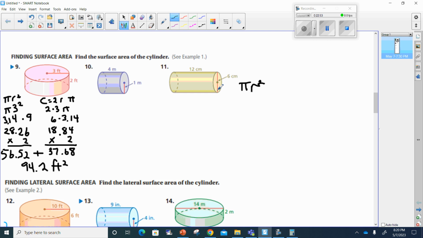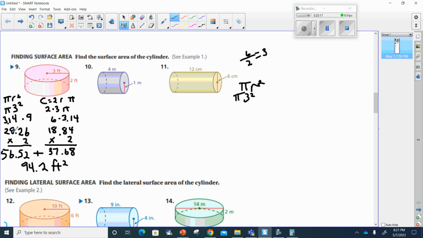But since our diameter is twice as big as the radius, we could just take 6 and divide it by 2, and that'll give us our radius, which is 3. So now we have pi times 3 squared. I would do all this work, but look right over here. We got the same formula, pi times 3 squared.